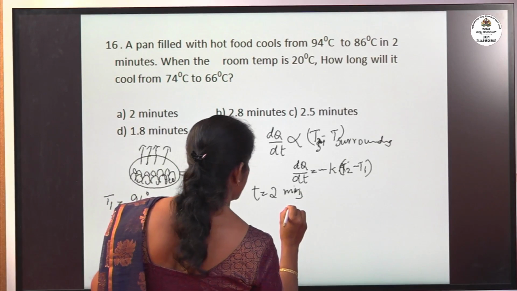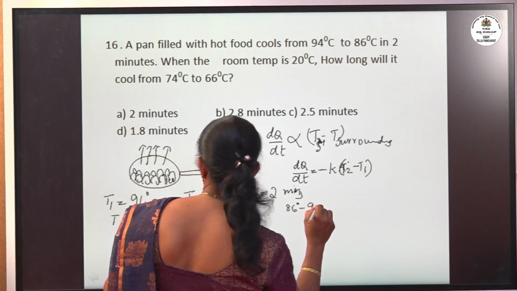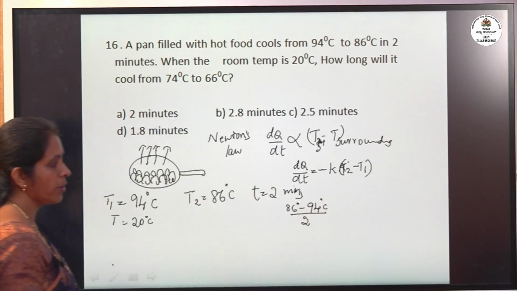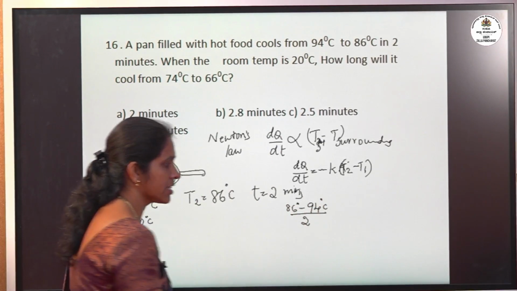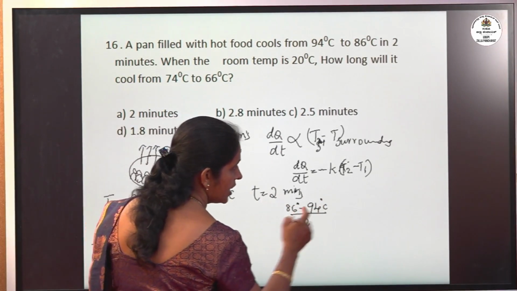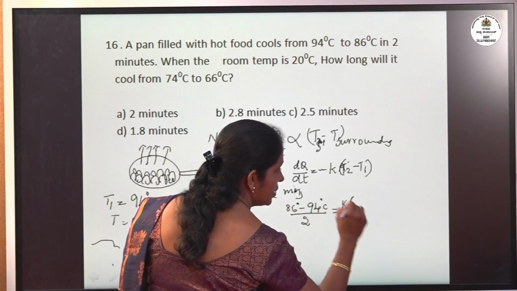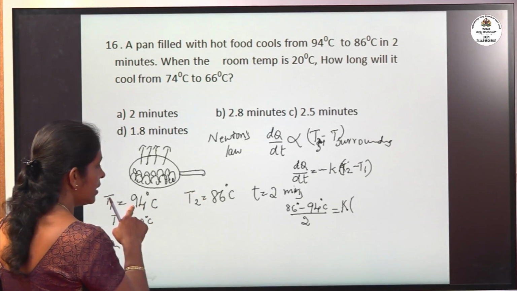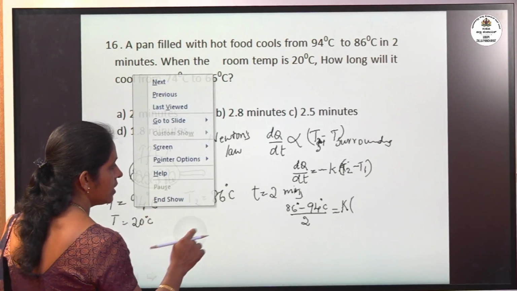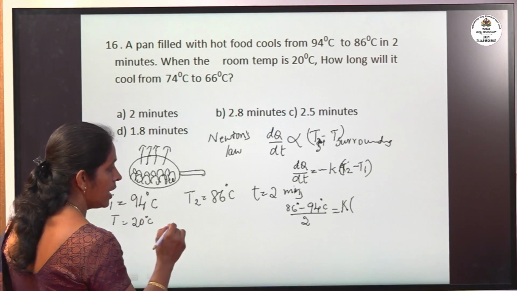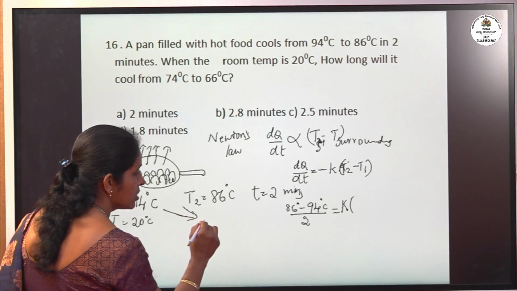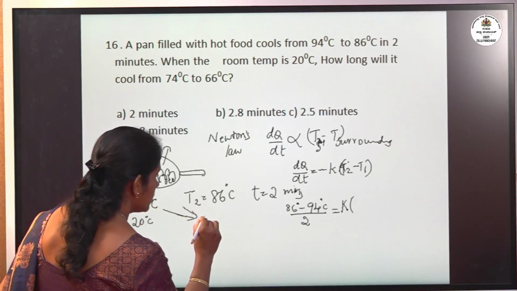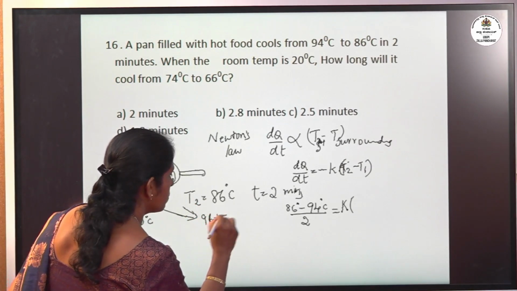Final temperature is 86 degrees Celsius, initial temperature is 94 degrees Celsius, divided by time taken to cool from 94 to 86 degrees Celsius, which is 2 minutes. This rate of cooling is equal to K into temperature difference between system and surrounding. Here 94 is the initial temperature and 86 is the final temperature of the system. We have to consider the average temperature.